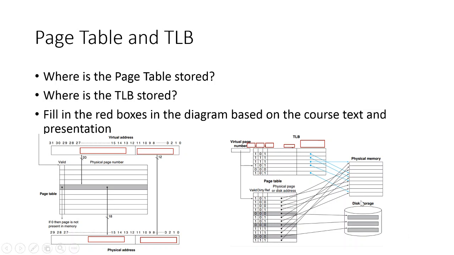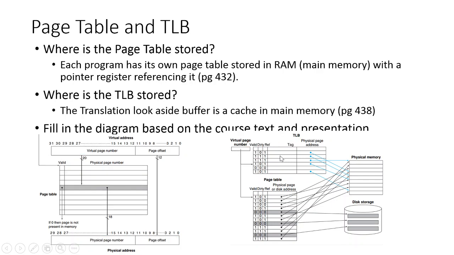All that happens, I'm going to go to the solutions here, is we're given a virtual page number and page offset by the processor, and then the CPU and the translation page table that's stored in RAM for each process will determine what the physical page number is and the page offset. So physical page number, if it exists in RAM, and the page offset for where within that specific page it exists.